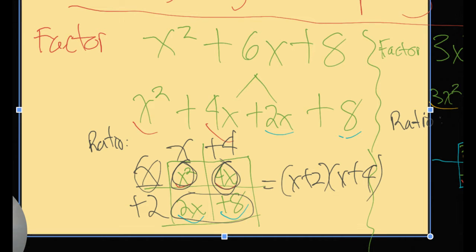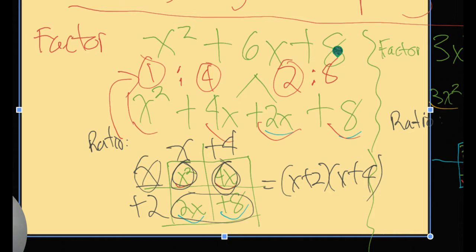But what you're going to notice is this. Let's look specifically at the ratios, and I'm going to do the ratios up here. The first coefficient is a 1. The second coefficient is a 4. Let's look at that ratio and now compare it to the last two terms, 2x and 8. Well, that's 2 to 8.